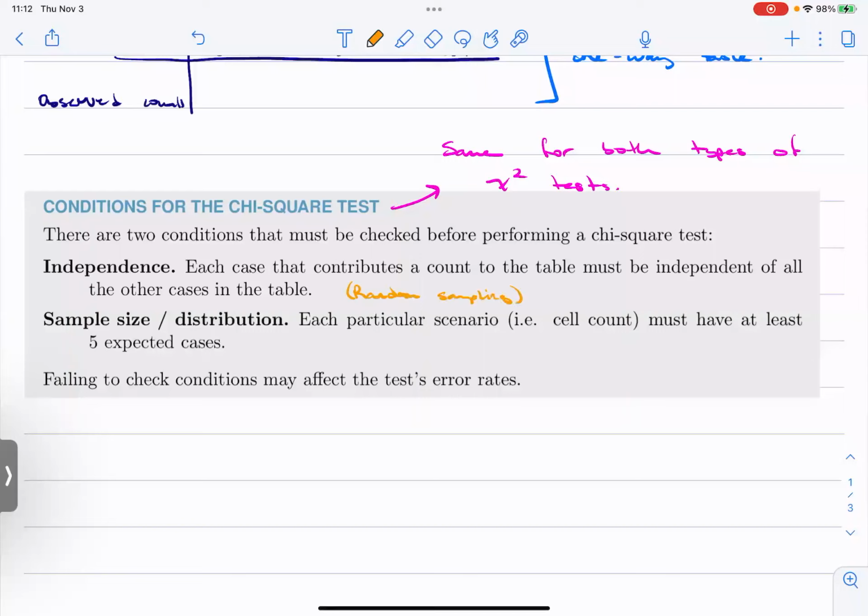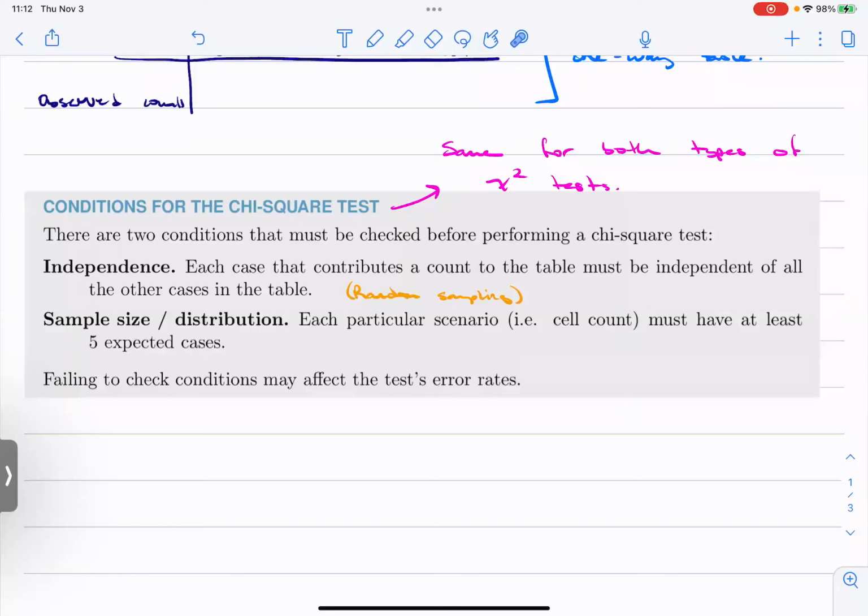And then we've got a sample size condition, which is basically the success failure condition, but now I have more than two categories. I don't just have a success and a failure, I have k categories.